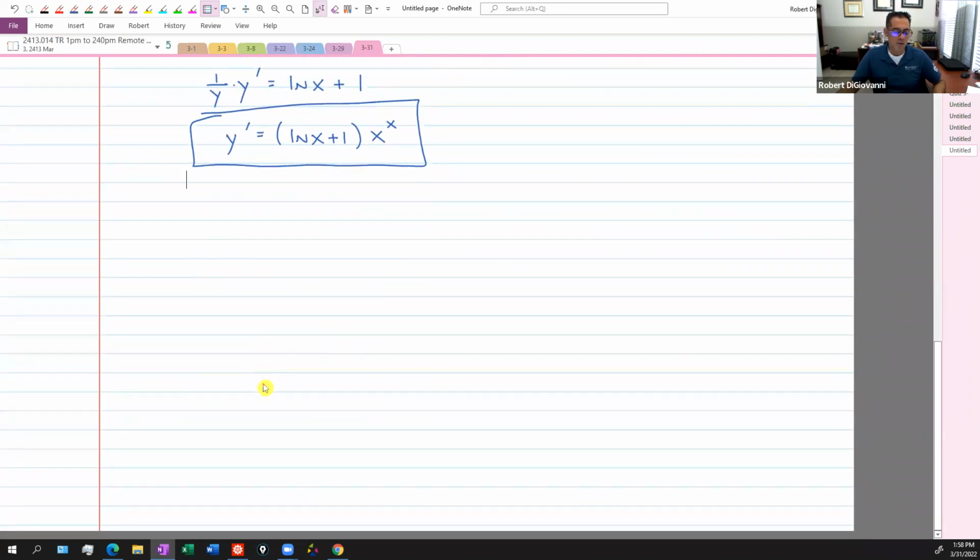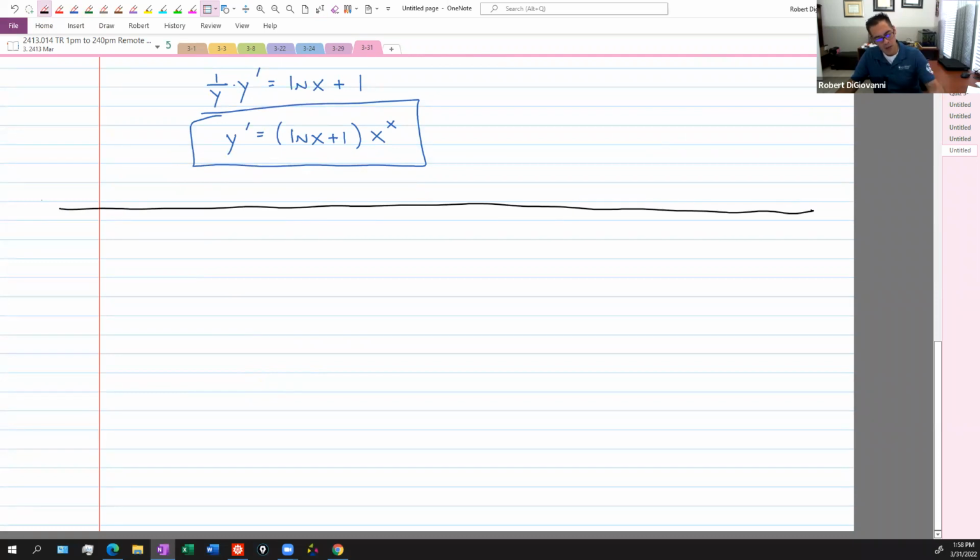I normally don't show this to my students, but let's see if this makes sense to you. In general, let's say you have y is equal to, and let's say the base you have some function of x, but then you're going to raise that to some other function of x. So like in the example I just did for you, y equals x to the x.